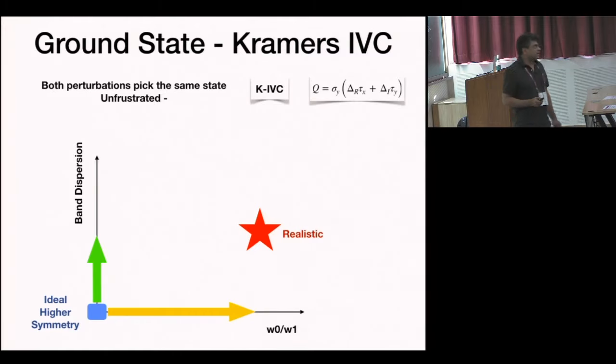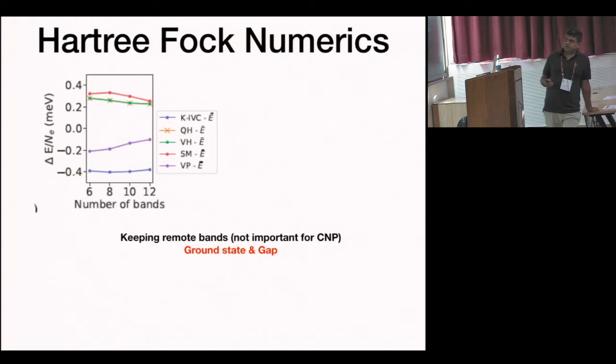Okay, so that's kind of the analytic argument, but let's see how well it does when you do some slightly more realistic numerics. So that was this Hartree Fock numerics that was done, which included multiple bands, not just the bands of very low energies, but also including things that are a little bit outside, and taking into account, making sure you don't double count, screening effects and so on.